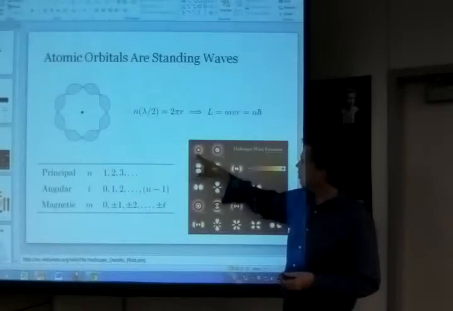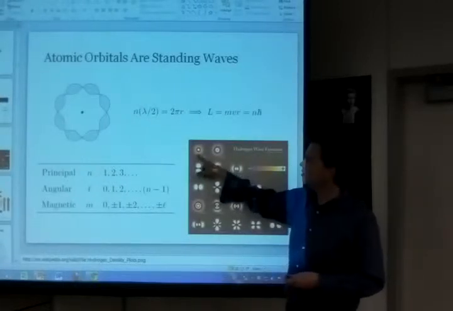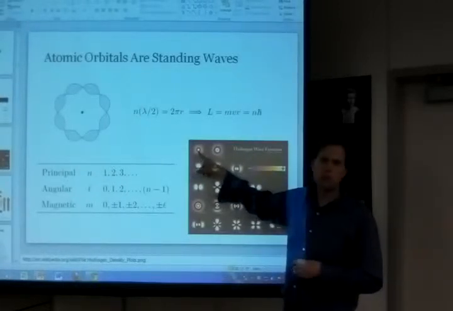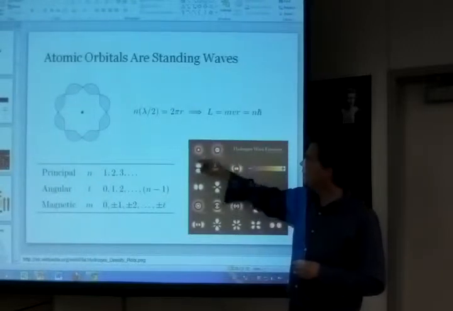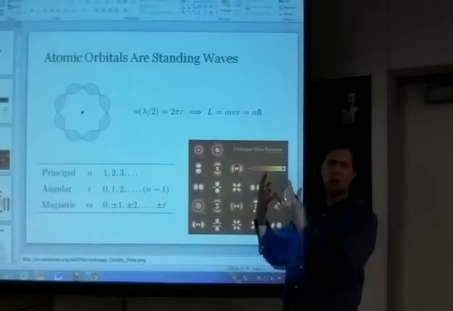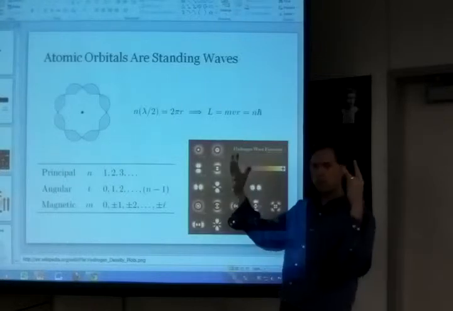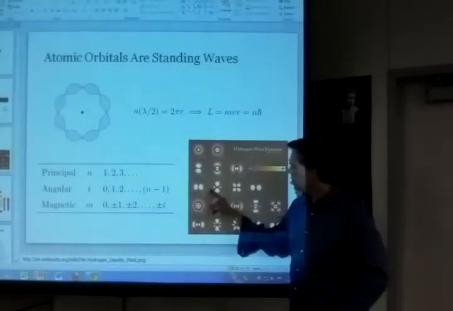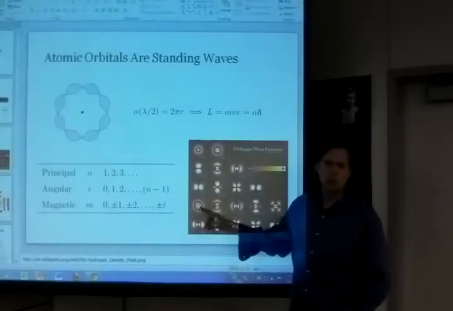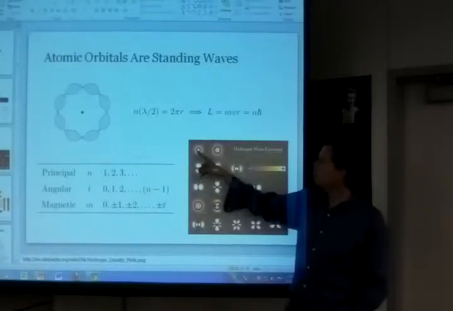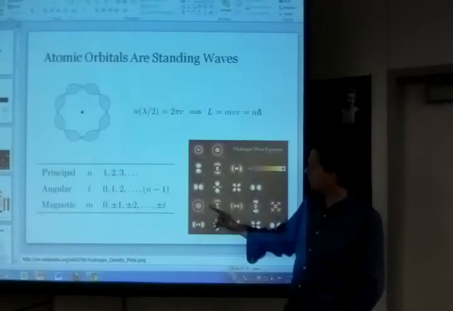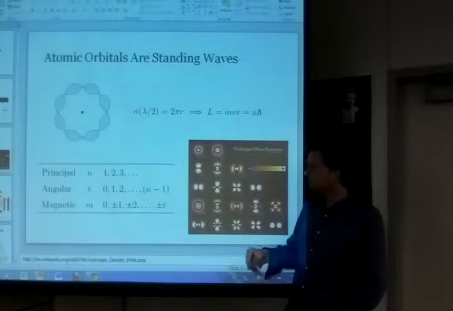So, for example, this pattern is associated with a principal quantum number of 2. This one is 3. They're basically the same. They're balls, but one is larger than the other. Here's another example with a quantum value of 4. So n equals 2, 3, 4. You can see the patterns associated with them.